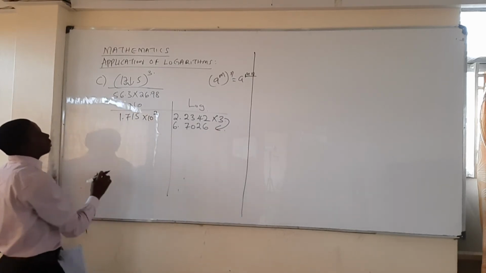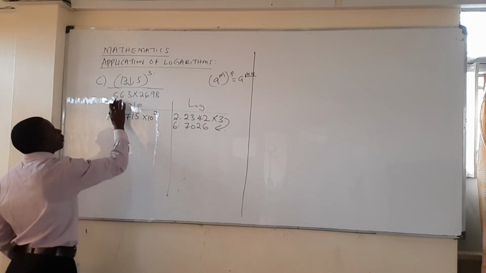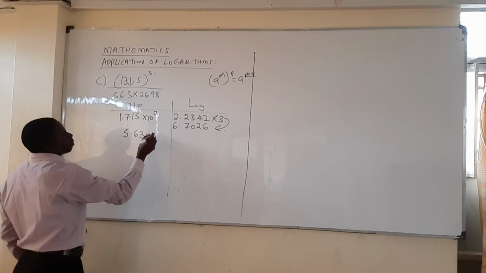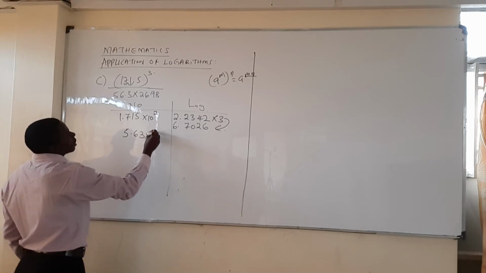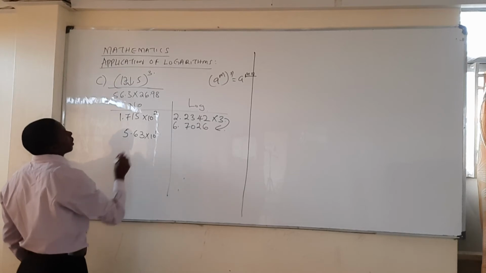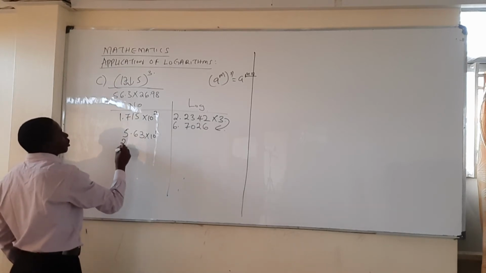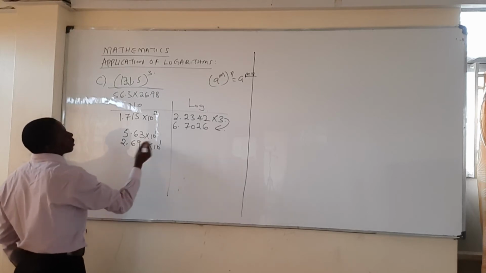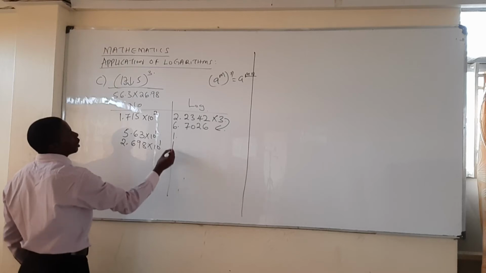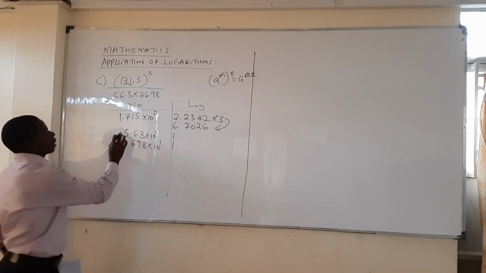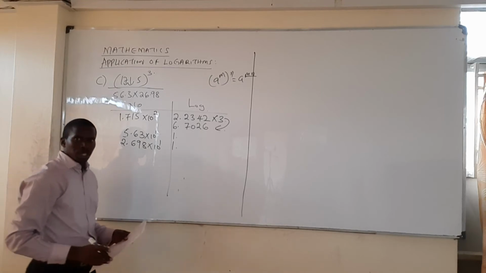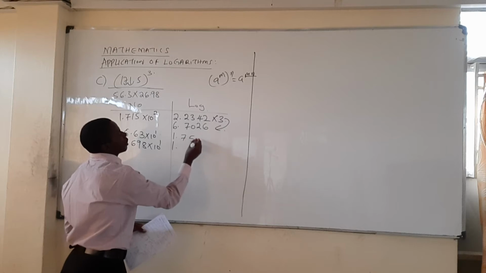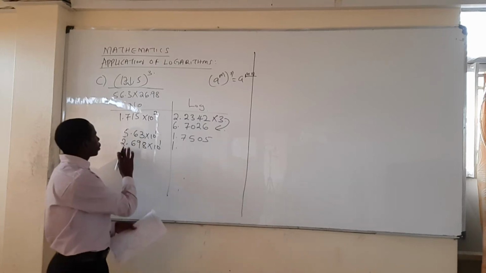Then we come to the denominator there. We have 36.3 raised to standard form, 3.63 times 10 power 1. Then the other one is 26.98, 2.698 times 10 power 1 also. So the log of this one is going to be 1 point. For 3.63, we have 0.7505, and then 2.698.